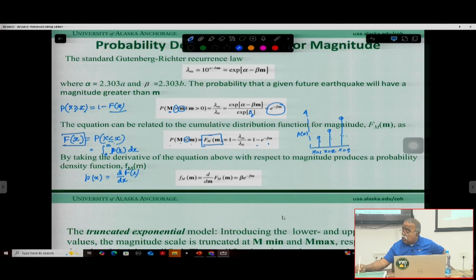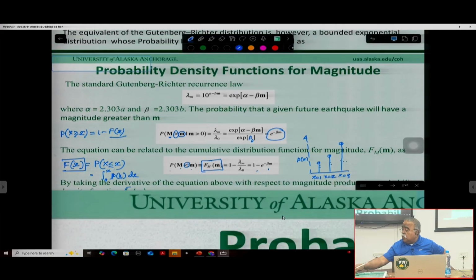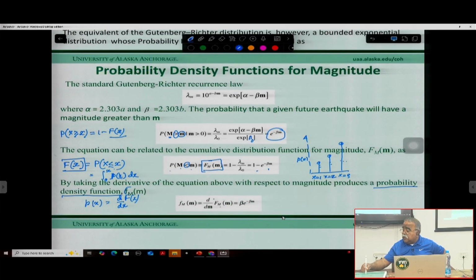So if it is called the probability density function, the PDF, I call it a small fm. That means it is d by dm of the cumulative probability, right? If you differentiate the cumulative probability of this one, it will be beta into e to the power minus beta m.